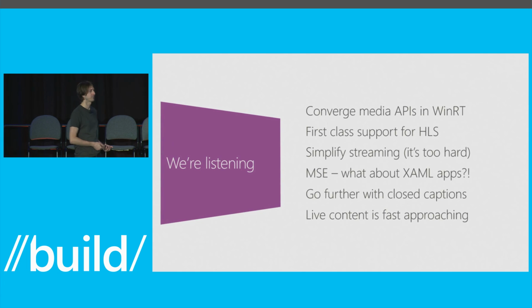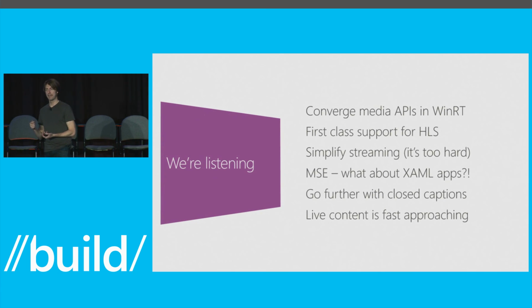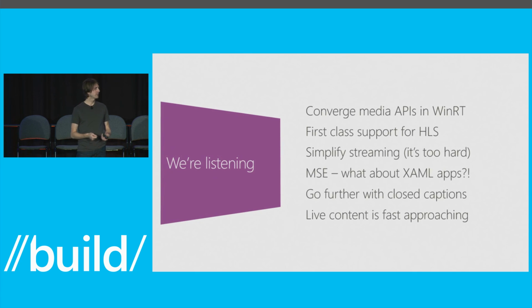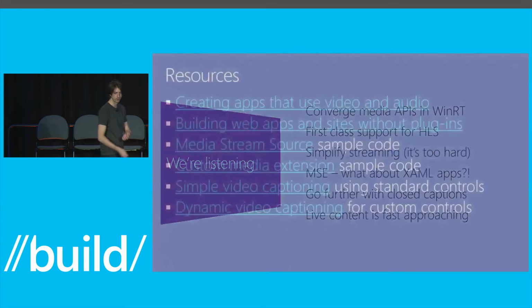With live content, oftentimes, you have to think about ads a little bit differently. There are standards for ad signaling, and handling ad rotations just tends to be a little bit different. So we're thinking about that, and we've heard that you'd like for us to think about that to make sure that it's easy for you to build your apps going forward.